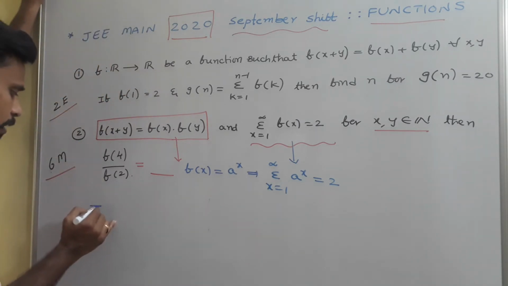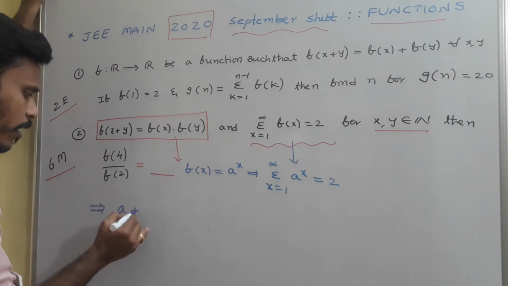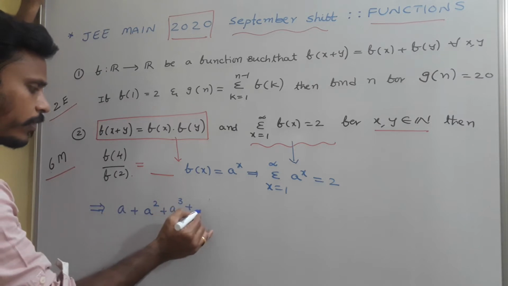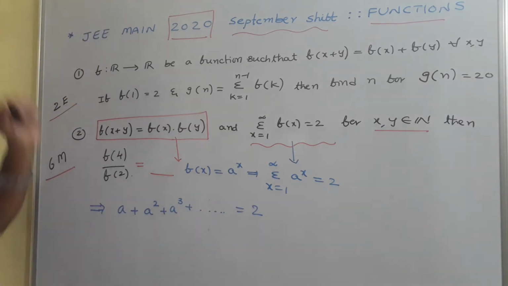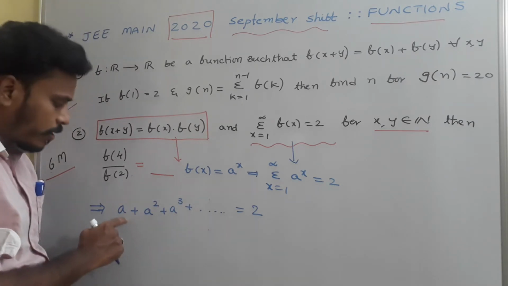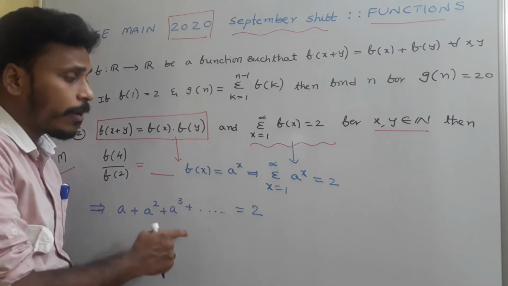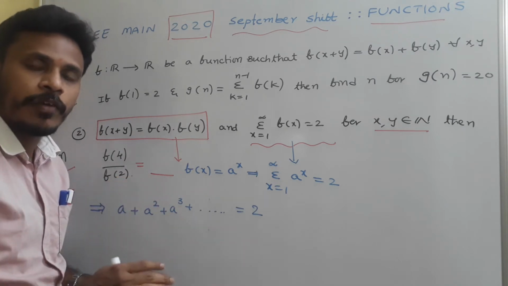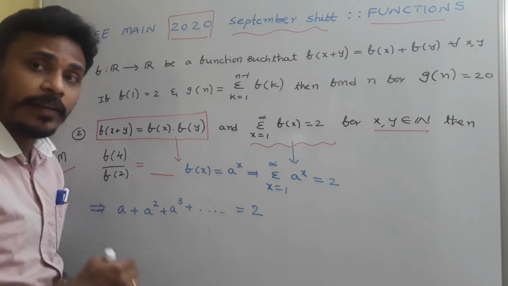So that implies, when x is equals to 1, a power 1, when x is equals to 2, a power 2, when x is equals to 3, a power 3, like that we need to continue for infinite terms and its value is 2. When you look at this series, a square, a cube, all they are forming a geometric progression. Since they mentioned that sum of infinite terms, so you just use that sum of infinite terms of GP. Actually, we don't know about a and we are trying to find that a now.